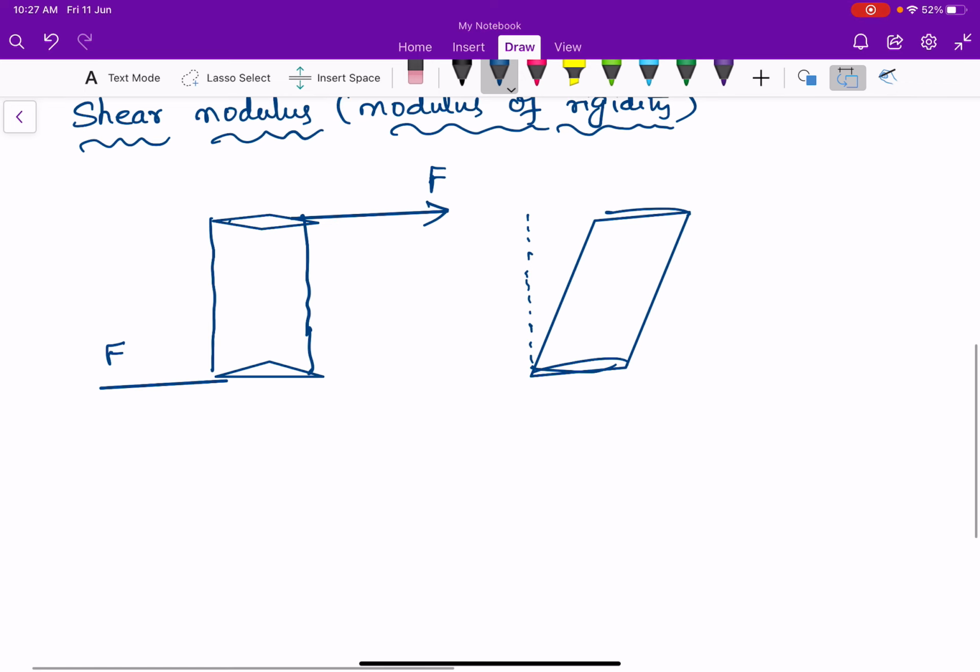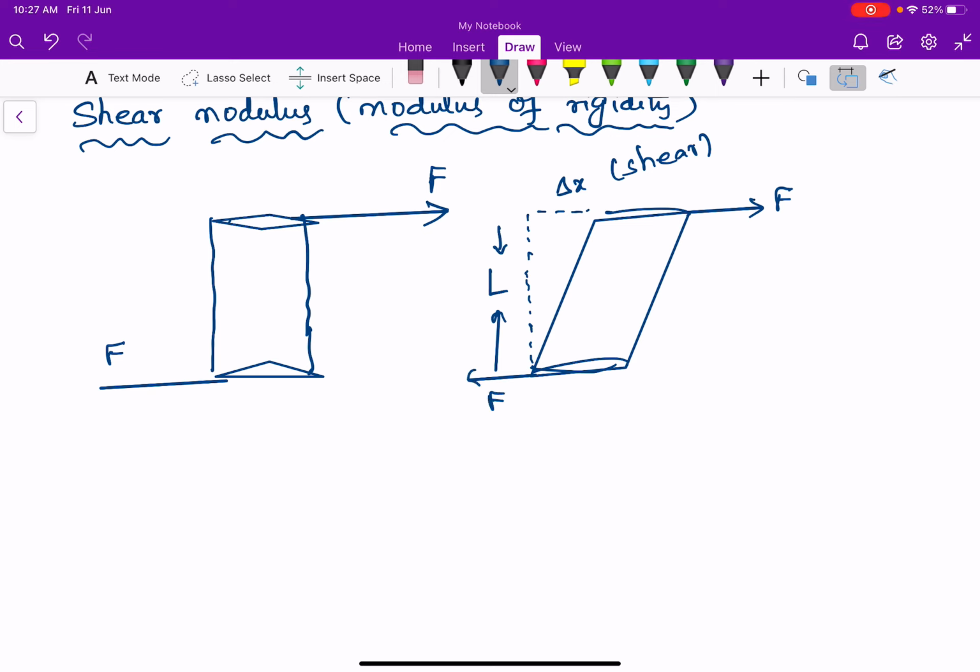We consider this length to be L and this displacement to be delta X. We call this shear, because of the tangential application of force.